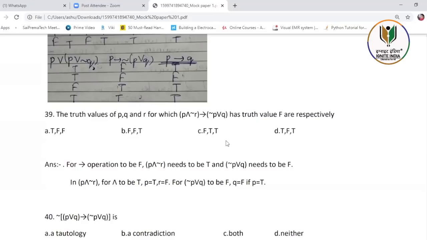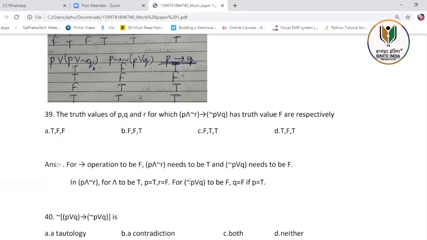If you consider this to be true, P should be true, R should also be true, so negation of R will be false.